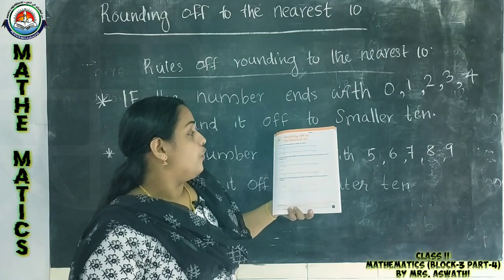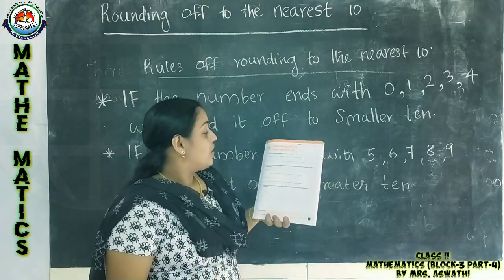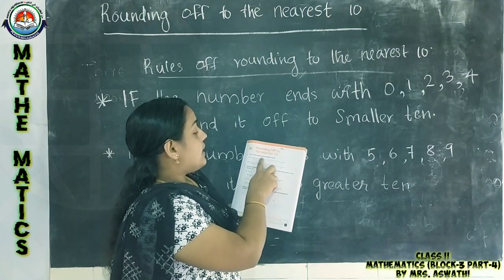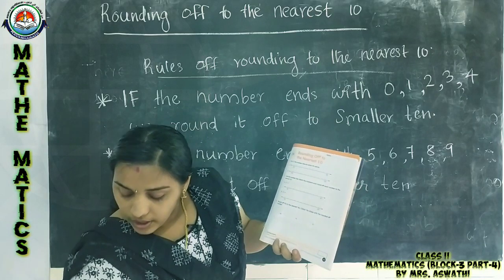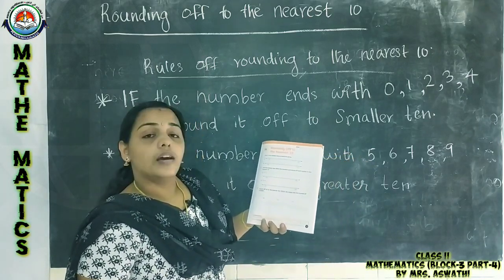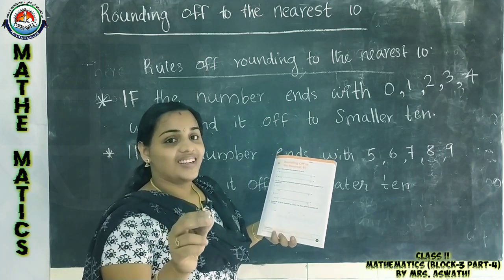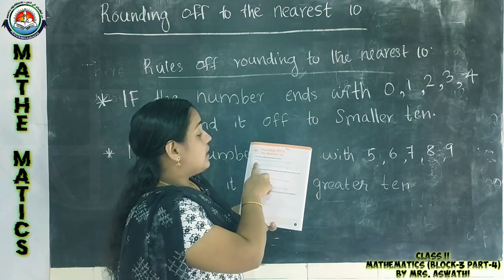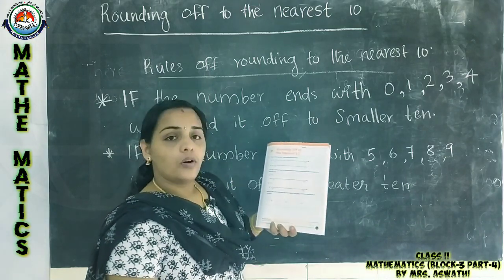First question, you do this work at home. Tick the number line on which 44 will lie. Is it 30 to 40, or 40 to 50? Tick the correct answer.